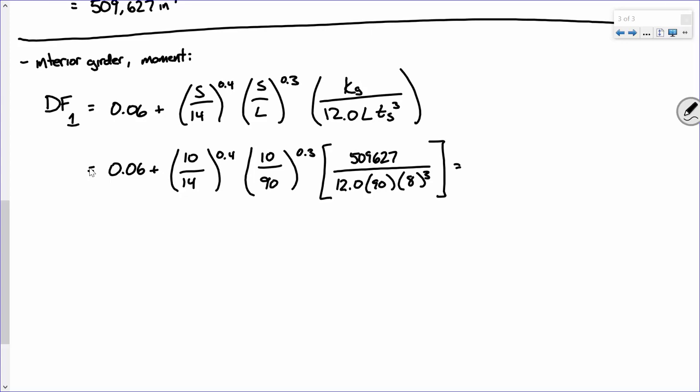I want to make sure everybody got this. Okay, I got 0.508. It might be 0.509 or 0.507, depending on how that Kg was rounded. But don't forget this is raised to the 0.1.